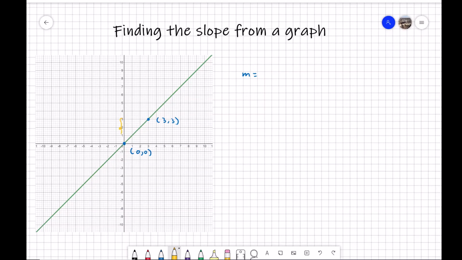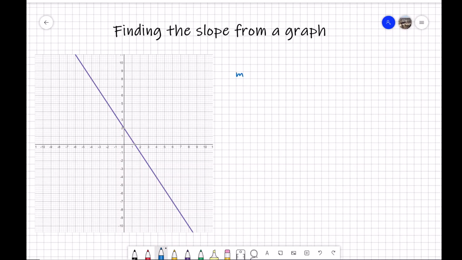This point moved 3 positions up, and then another 3 positions to the right. So the change in y is 3, and the change in x is 3 again. If we divide 3 over 3, we get 1. So the slope is 1.